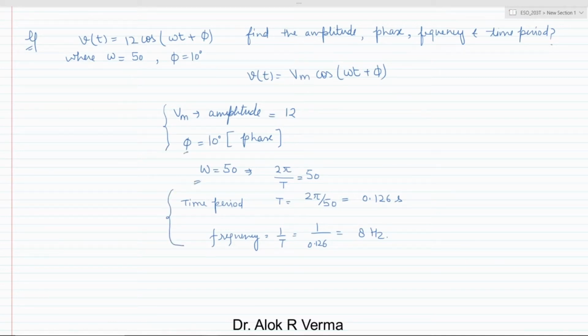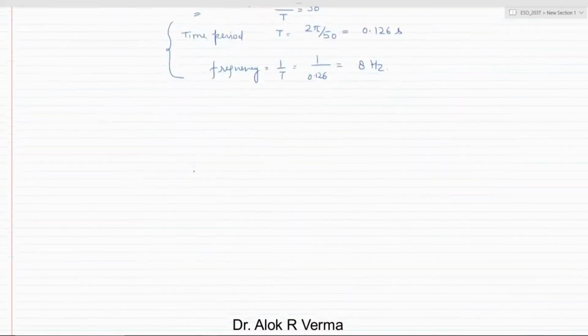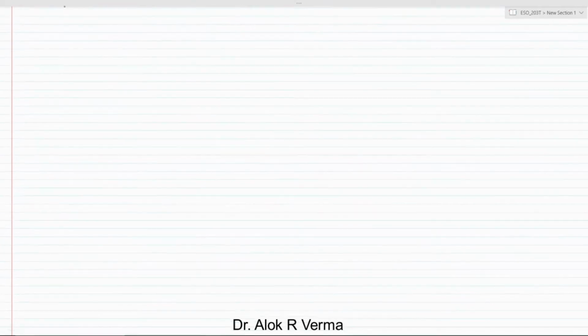Okay, so this is how the different parameters are computed, the time period and frequency given omega and phase. So with this understanding, let us now consider two sinusoids. For example, v1 of t is given as minus 10 cos(omega t plus 50). So this is one sinusoid which is given.